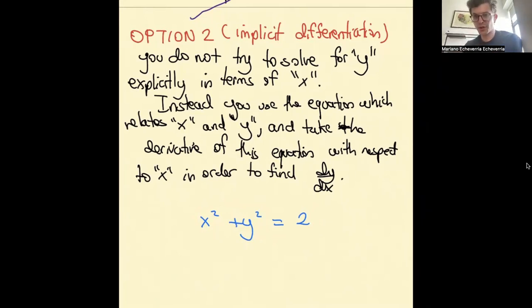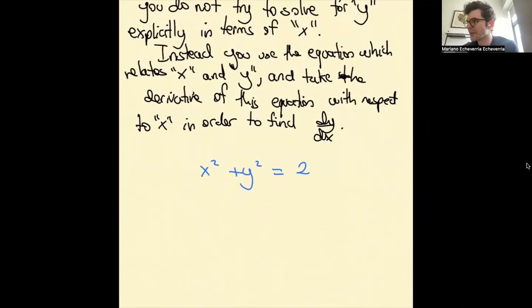Well, another thing you can do to an equation is that you can actually take the derivative of both sides of an equation. So what you can do is actually take the derivative of both sides of the equation with respect to, say, the variable x.